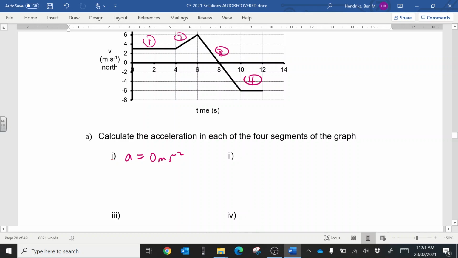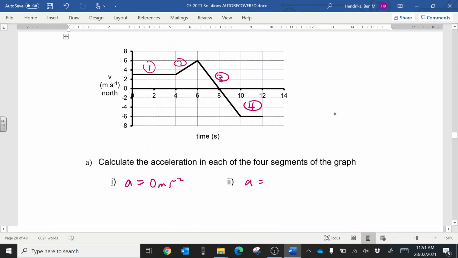For part 2, we have a equals. I might do the whole points for you in this one rather than just looking at the rise over run. So this point here is 6, so it's our x coordinate, and 6 for our y coordinate as well. This point here is 4 and 3.